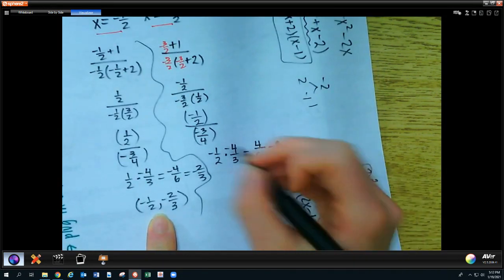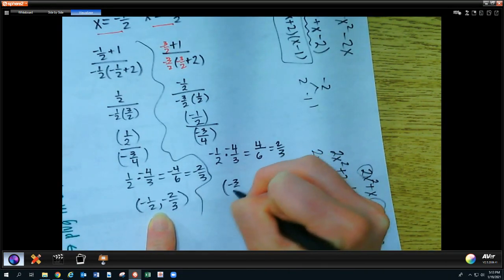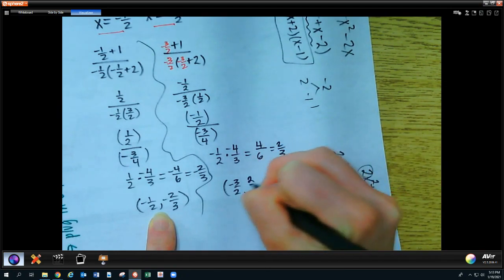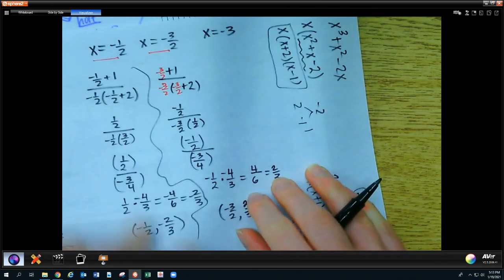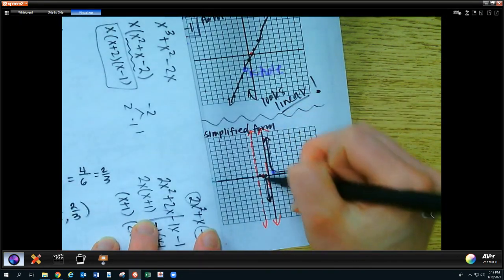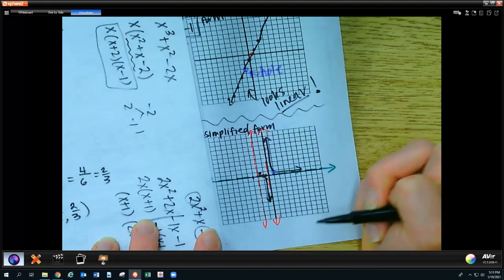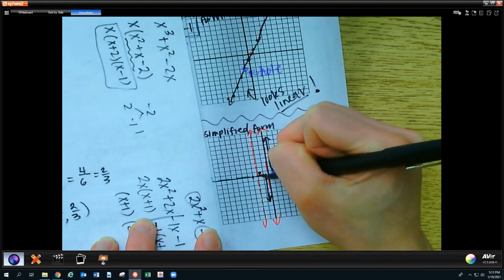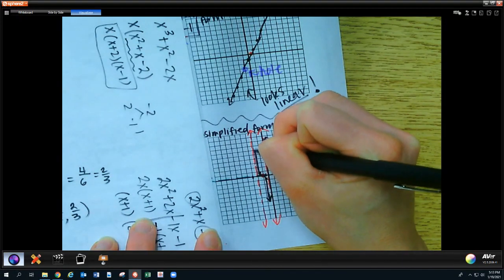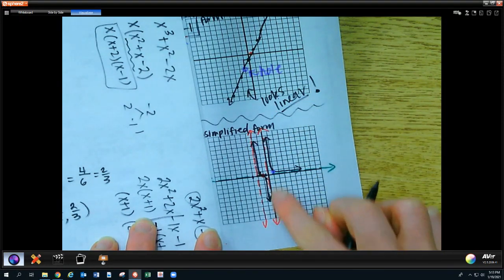And so I know I have the point negative 3/2, comma, positive 2/3. Okay, so on my graph, it's positive, like right there, just before the 1. And so now I know it's going up. And so that middle branch makes an S shape.